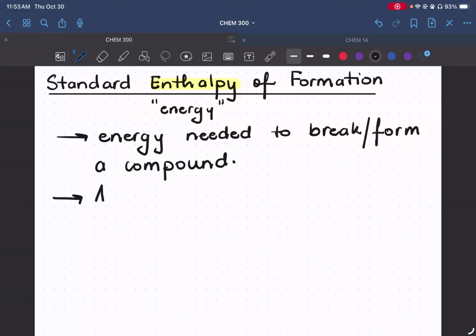It is given the symbol delta H, where delta is the Greek letter D, the triangle, and it has the units kJ over mole. Now, this is the first time we're seeing J. J, of course, stands for joule, which is the SI unit for energy.